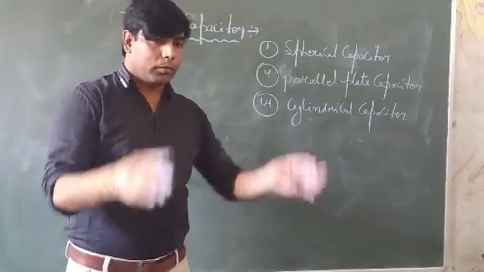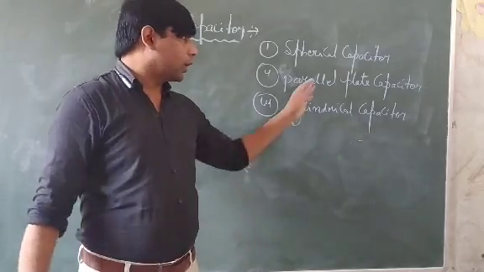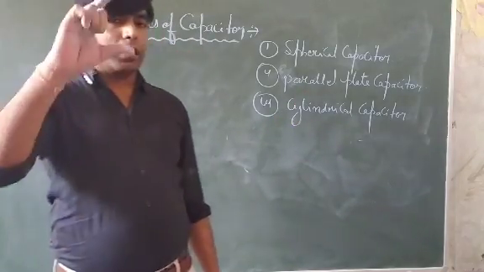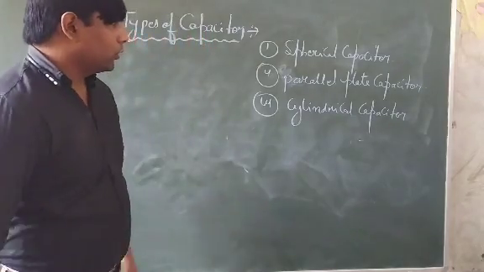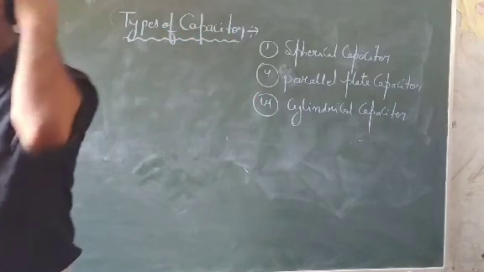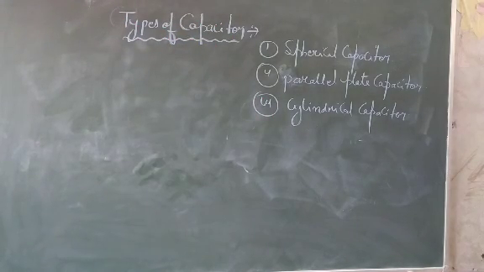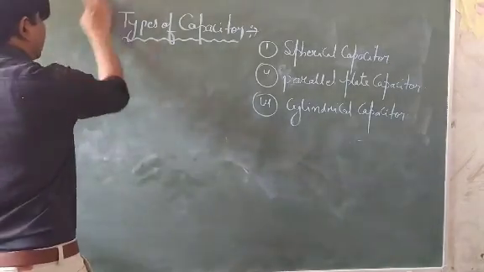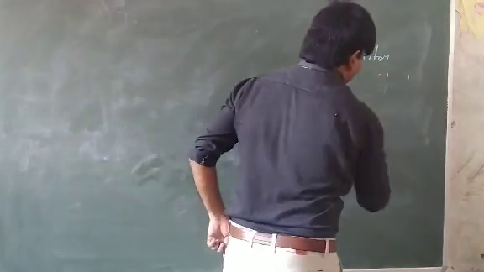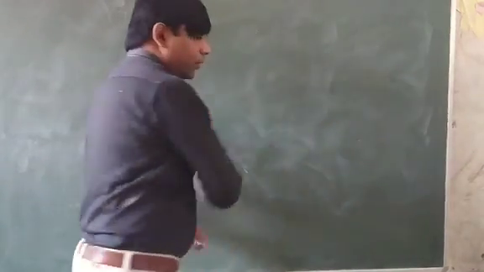If it is in the form of two parallel plates, then it is a parallel plate capacitor. And if it is cylindrical in shape, then it is known as a cylindrical capacitor. These are the shapes of the capacitor, and on the basis of shape we have given names; there are three types. First we will see the spherical capacitor. What is the value of capacitance of a spherical capacitor?